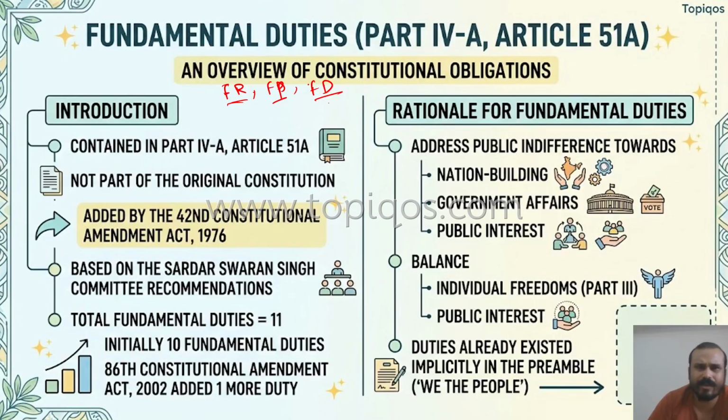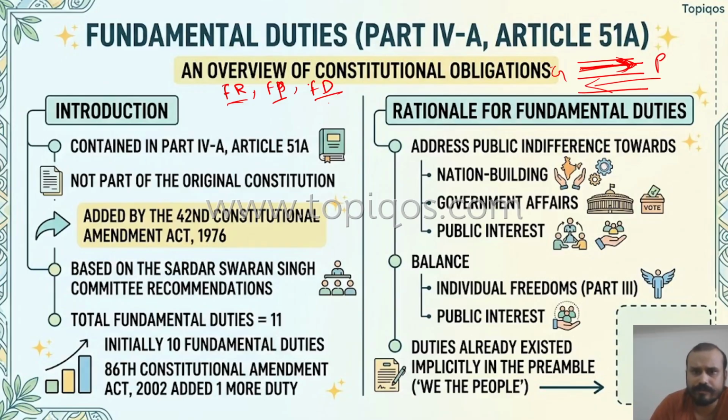See, governance is always a two-way road. This is government, this is people. The government should not act alone, people should also act. Act means they should give feedback on whether governance is being carried on or not, and give their suggestions for improving governance.